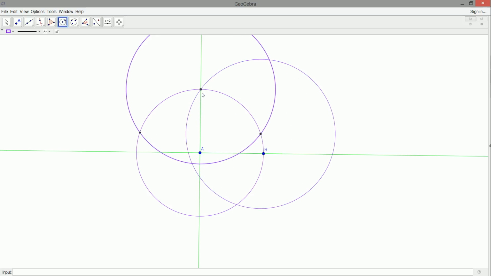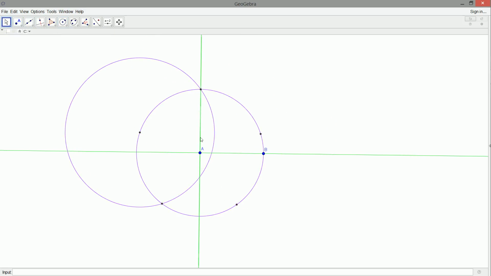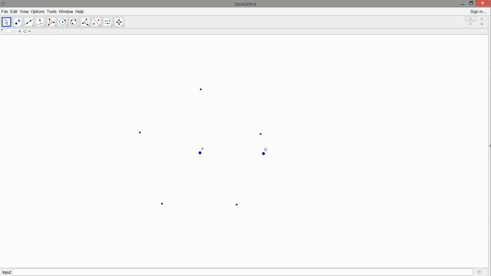And we can actually use circles to find the other 2 points on our pentagon. And now this is our final round of cleanup here. So now we really are at the end. We just need to connect these 5 points.